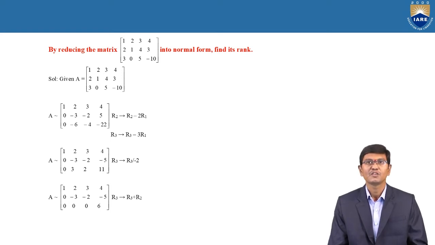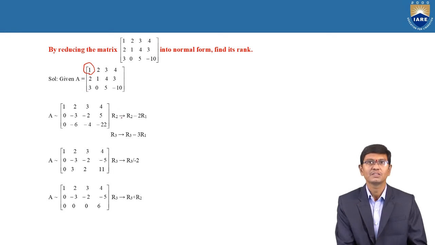Observing this given matrix, the first row, first element is 1, the second row, first element is 2, the third row, first element is 3. With the help of the first row, first column, first element, we need to change the 2 and the 3 to 0.